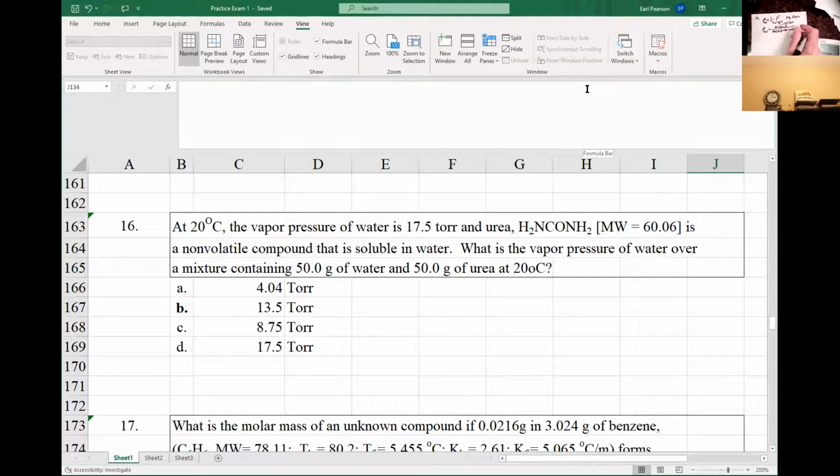Now, let's see. The molecular weight of the compound is 60.06. And of course, the molecular weight of water is 18. Doesn't say, but 18.02 is correct.